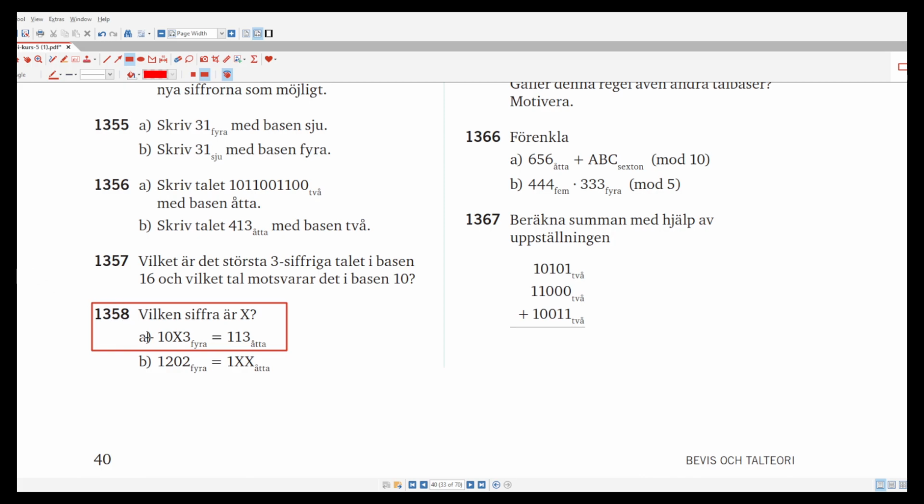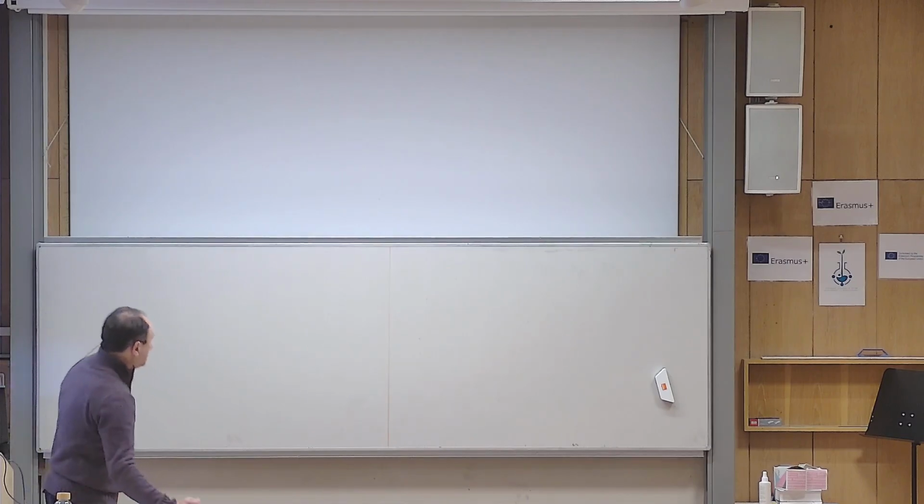This is a number 10x3 in base 4, which is supposed to be equal to 113 in base 8. We are supposed to find the digit x. Let me write it here on the board.